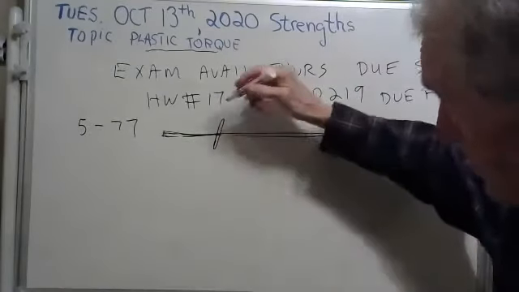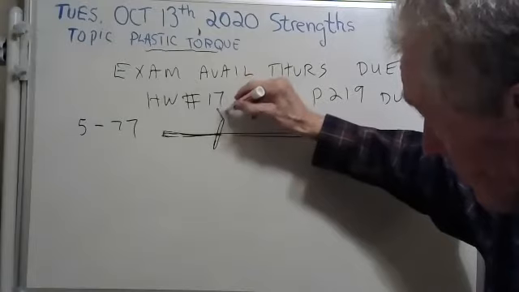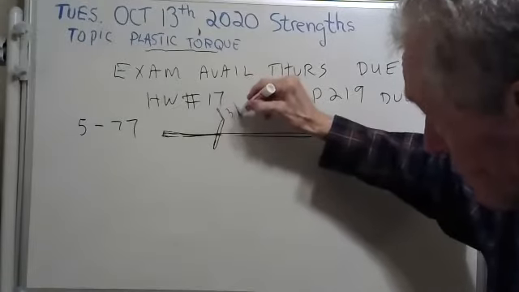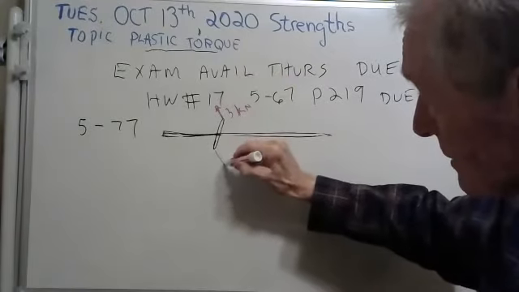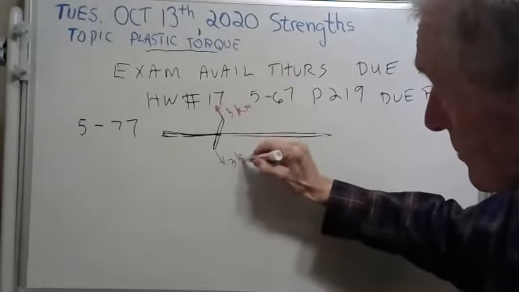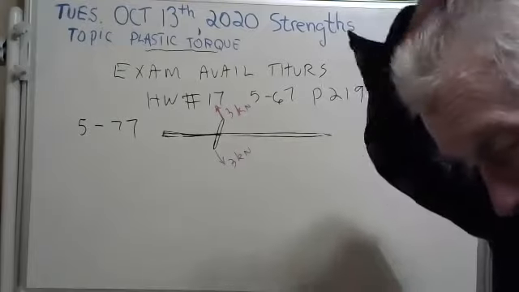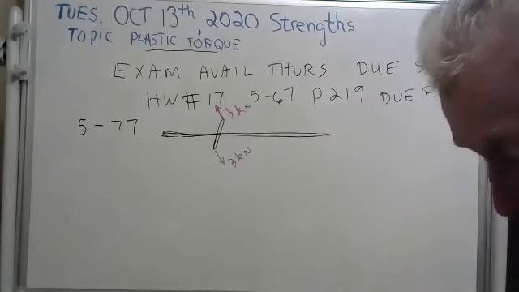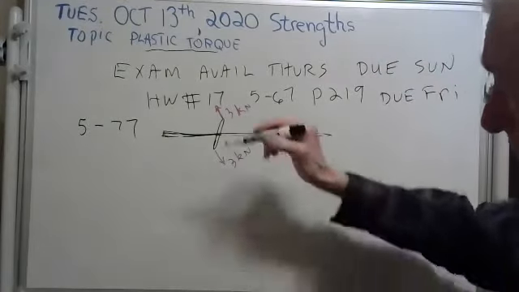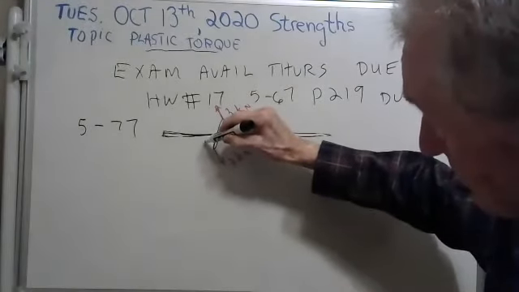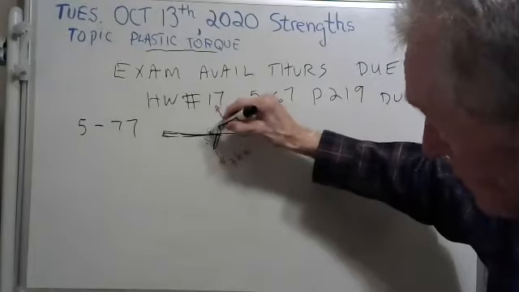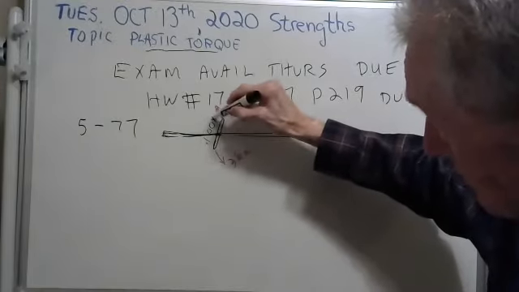Our artist's rendition here. It's got 3 kilonewtons going up, and then 3 kilonewtons going down. And the distance apart is 100 millimeters, or in other words, 0.100 meters.